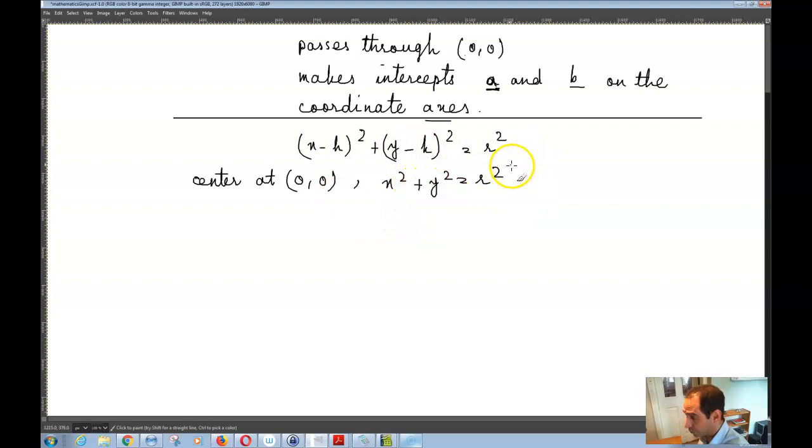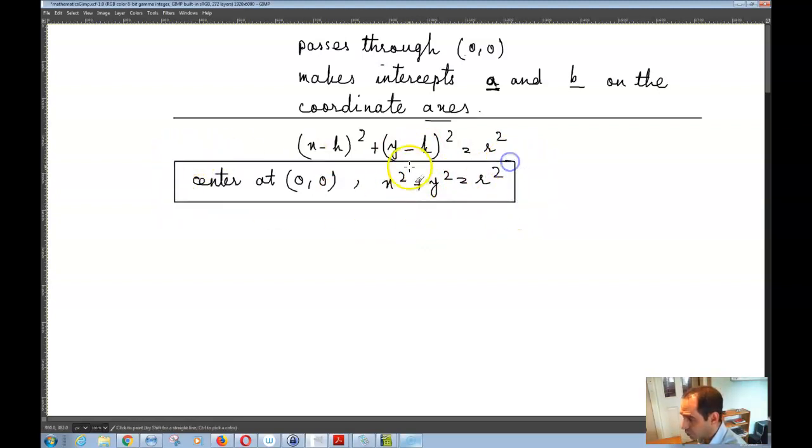This is one of the forms of the equation of a circle that comes in handy in many different situations.